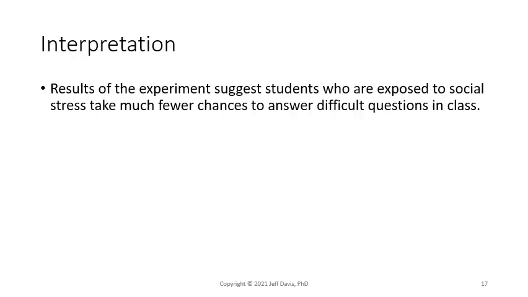And then for the interpretation, very quickly. Results of the experiment suggest students who are exposed to social stress take much fewer chances. I don't know if I like the way I wrote that, but you know what I mean. They take fewer chances to answer difficult questions in class.